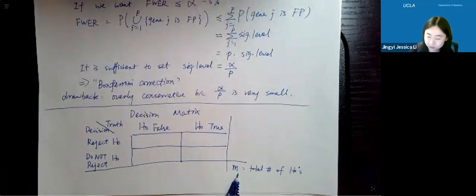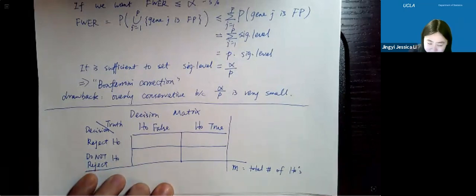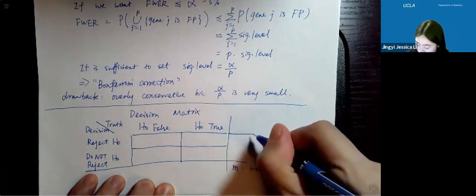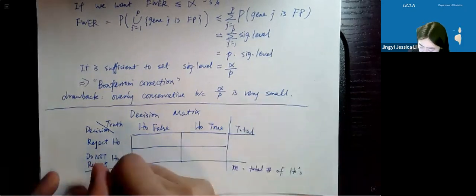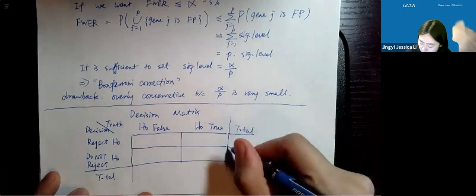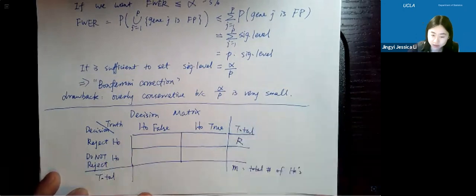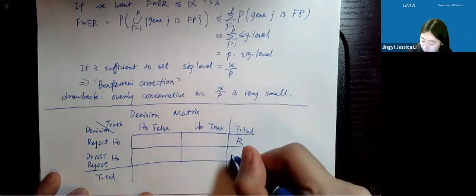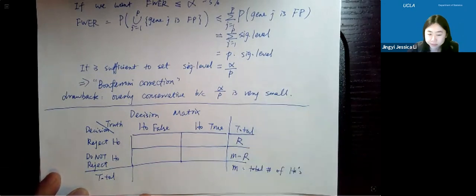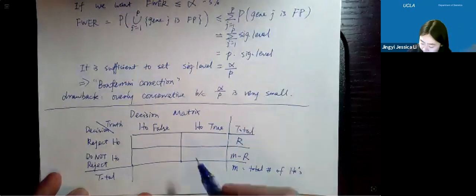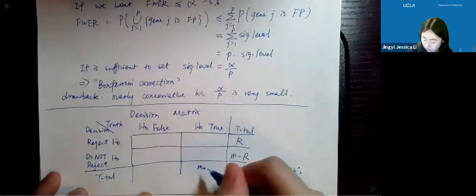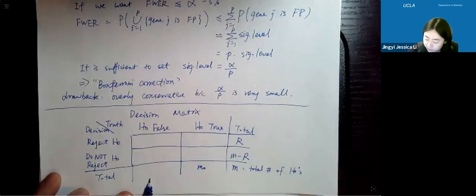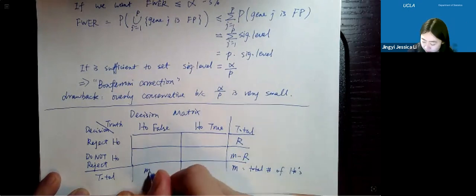So we have a total of m hypotheses, and we will divide them. Let's call this the total here, and also we have a total here. If we call the total number of rejections R, then clearly the number of non-rejections is m minus R. If we consider the number of true null hypotheses to be m0, which is also unknown, then the number of false nulls is m minus m0.